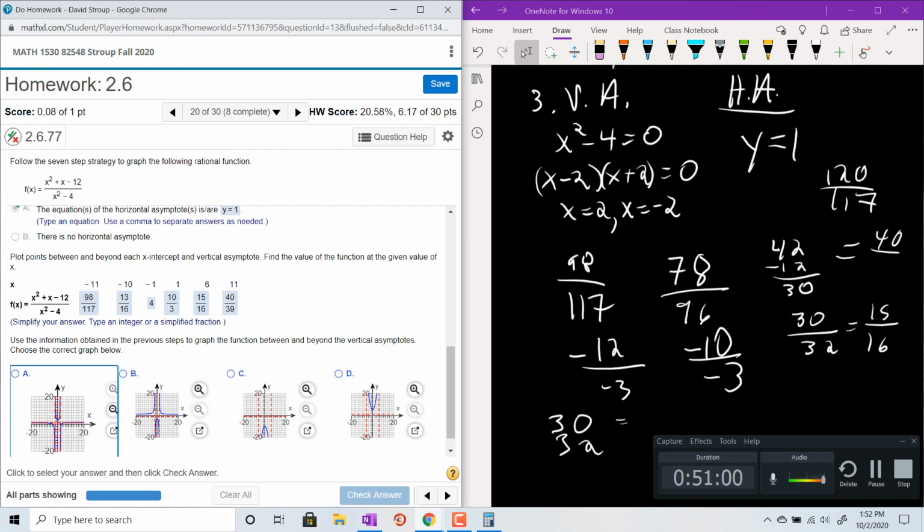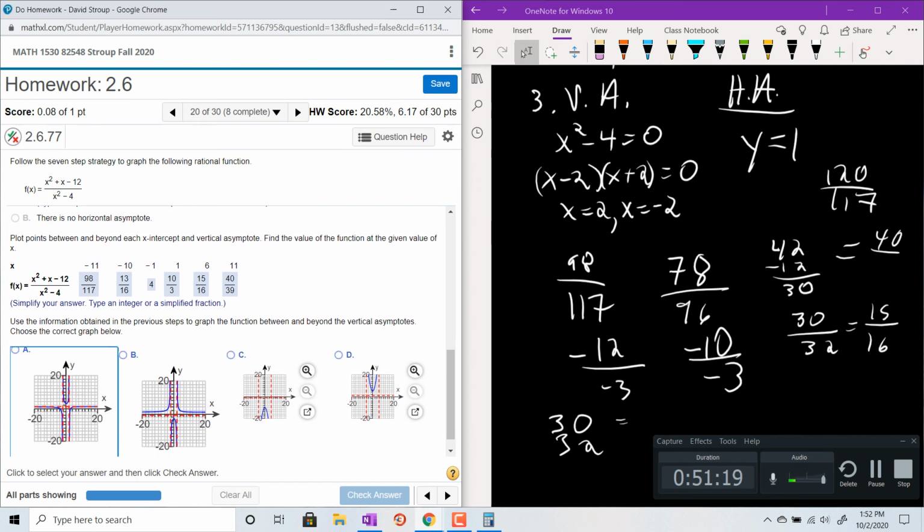So it's either A or B, then you just kind of zoom in on them. Again, the middle interval kind of determines it in this case. So if you look at something in between the two vertical asymptotes, like 1 and -1, they're both positive. So it shouldn't be B, it should be A, because everything in between the two vertical asymptotes is positive, so it's above the x-axis there.